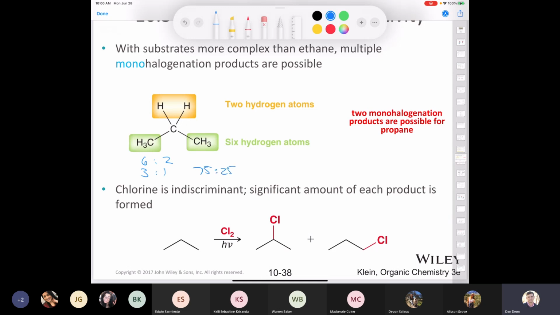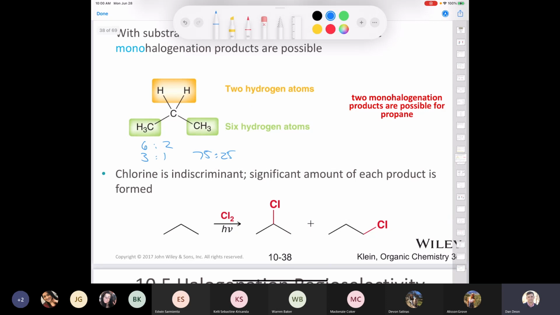So if you were to try to chlorinate propane just based off of the number of protons in orange and the number of protons in green, I would assume that the ratio would be 3 to 1 for here to here.